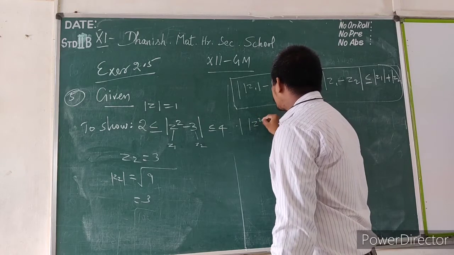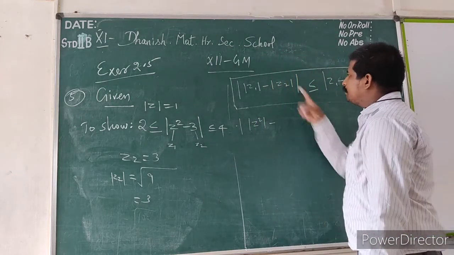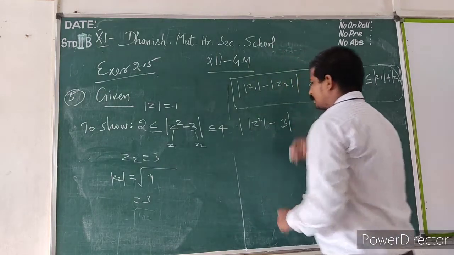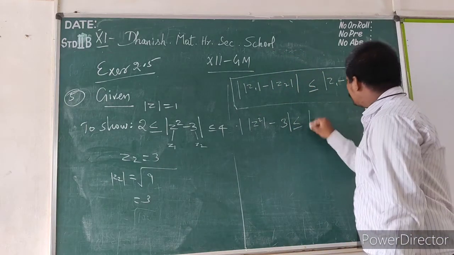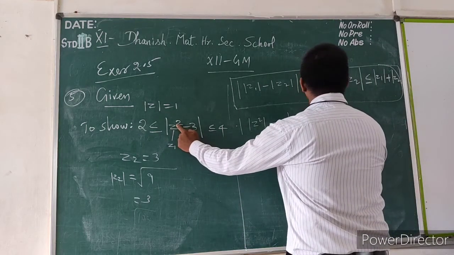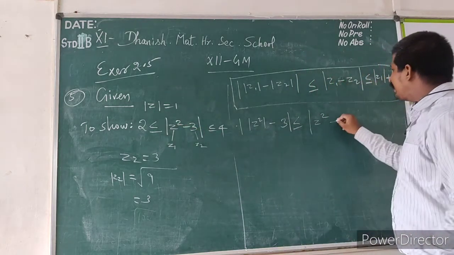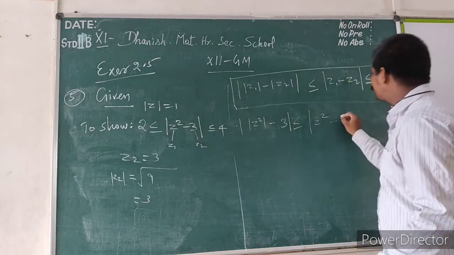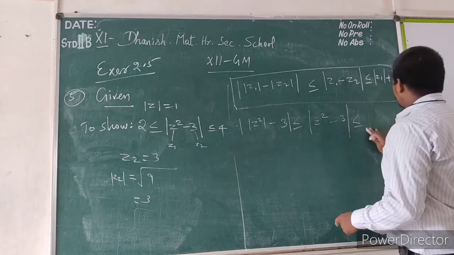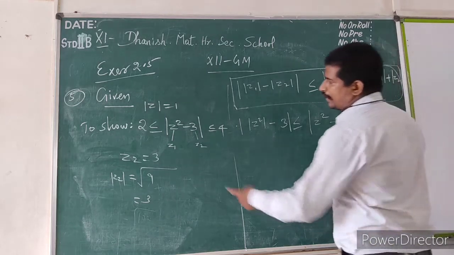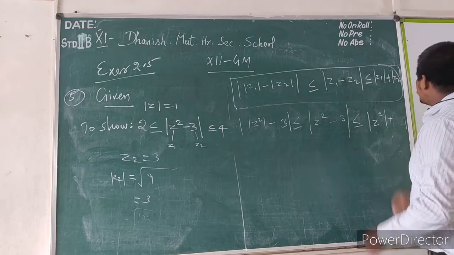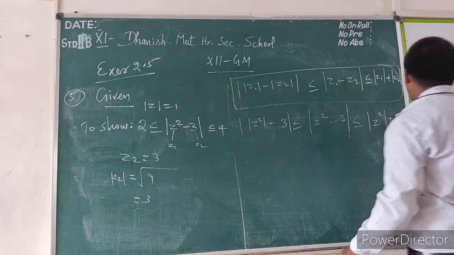So modulus z square minus modulus z2, what's our modulus z2? 3, less than or equal to modulus z square minus 3, less than or equal to modulus z square plus modulus z2, what's our modulus z2? 3.